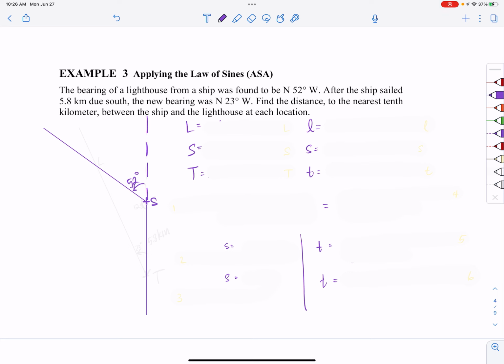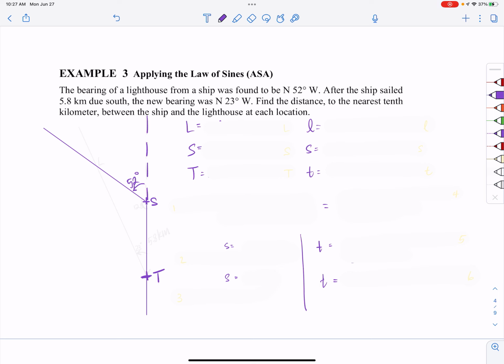And sometime along his trip, let's say when he reaches this point right here, he still sees this lighthouse, but now the lighthouse has a new bearing. And so this is going to be his, I'll call it T. It stands for absolutely nothing. But he sees this lighthouse again, and it's still northwest, but now it's northwest 23 degrees.